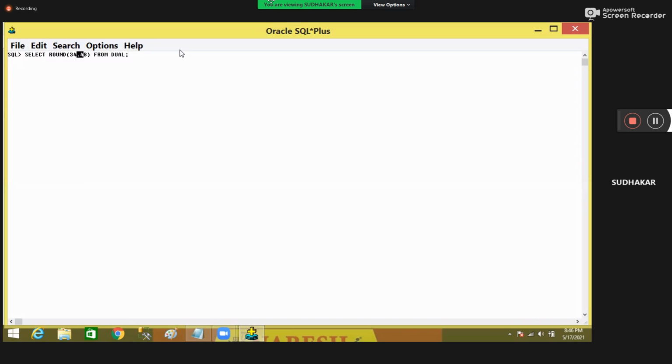Whenever it is less than 0.5, it doesn't add any value, so it adds 0. 34.48 means the 0.4 is less than 0.5, so as usual it takes 34 only.